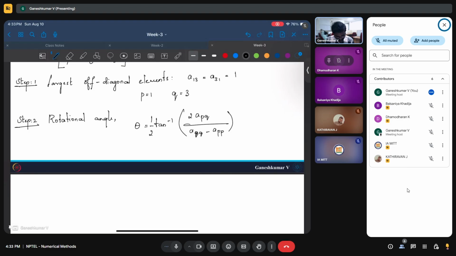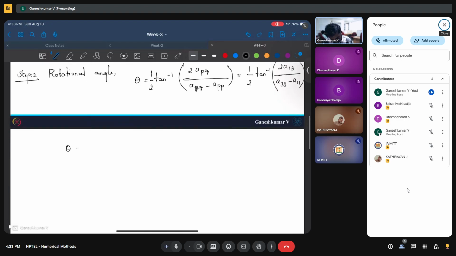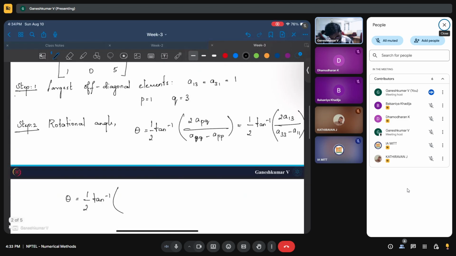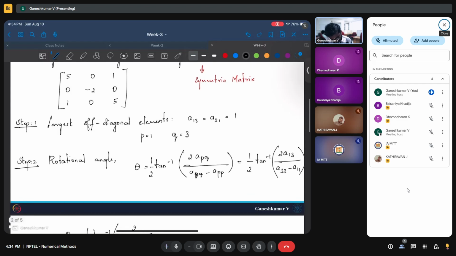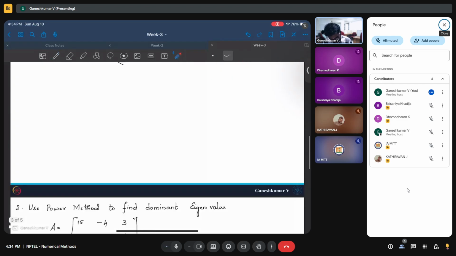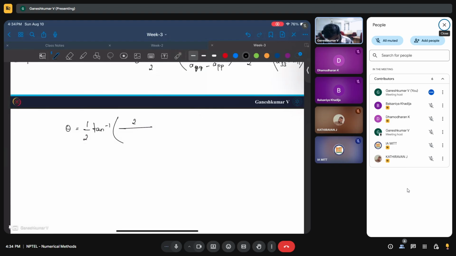You just need to substitute here. p and q are 1 and 3, so explicitly it's going to be 2a13 divided by a33 minus a11. Theta is tan inverse of 2 times a13, which is just 2, and a33 is 5 and a11 is 5, so it's going to be 5 minus 5, which is 0.